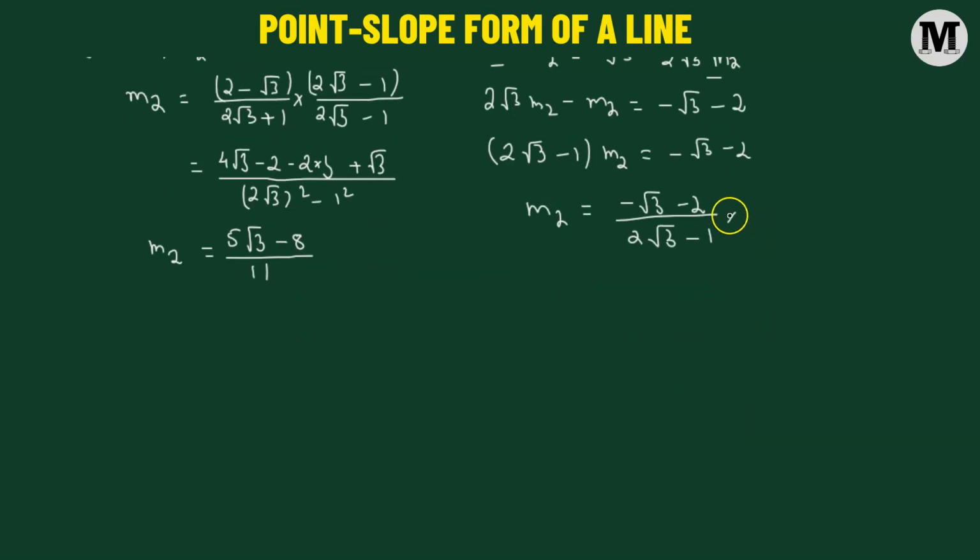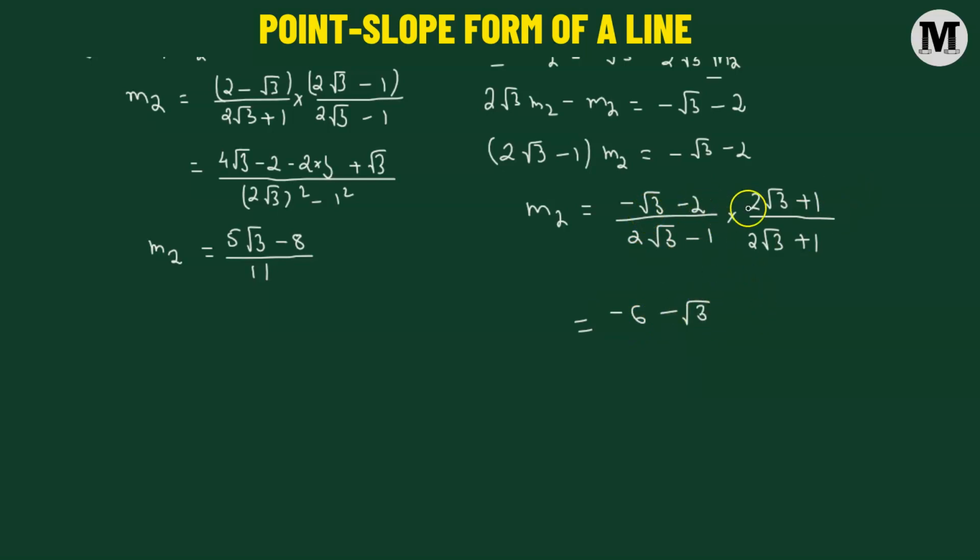So let's rationalize the denominator as well. We are going to multiply the denominator with its conjugate, so 2 times square root of 3 plus 1. We do that to the numerator as well, 2 times square root of 3 plus 1. Okay. So now we will multiply negative square root of 3 minus 2 with 2 times square root of 3 plus 1 in the numerator. So negative square root of 3 times 2 times square root of 3, that's going to give us negative 6. Then we have negative square root of 3 multiplied to 1, giving us negative square root of 3.